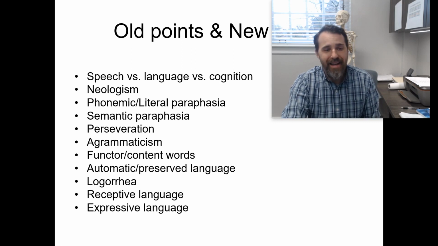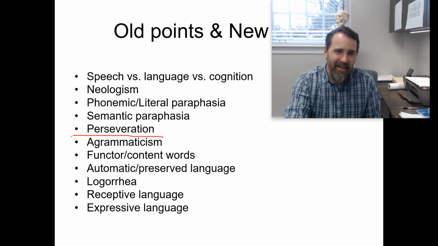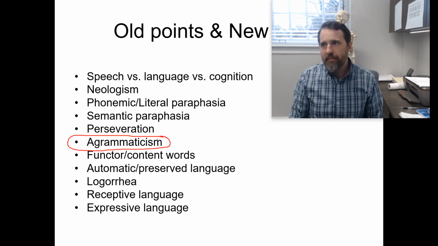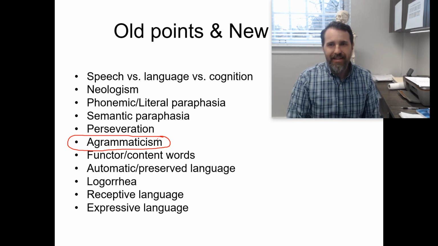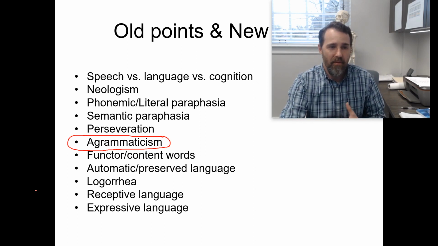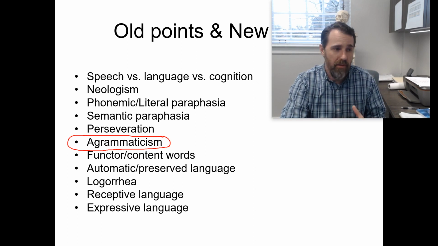We have the word agrammatism here. Agrammatism is exactly what it sounds like. It is a lack of grammar. People with aphasia tend to have a lack of grammar within their language.